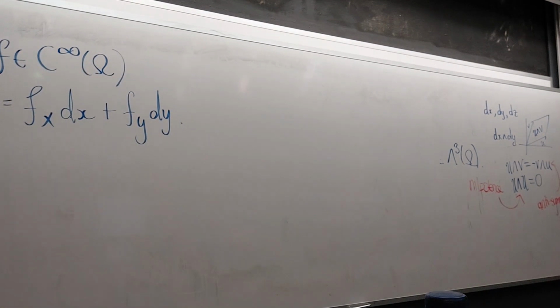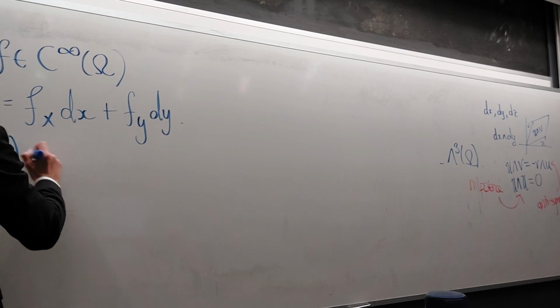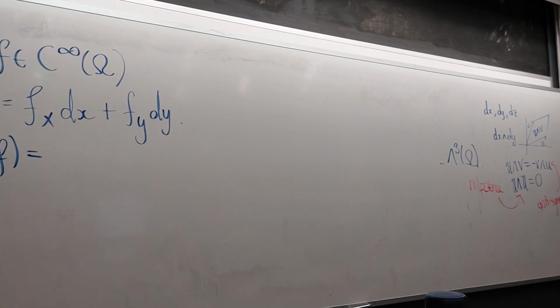Yep. I want to compute the exterior derivative of this. So I want to compute d of df. How do I compute the exterior derivative of a one form? Just take the component functions and take the exterior derivative.